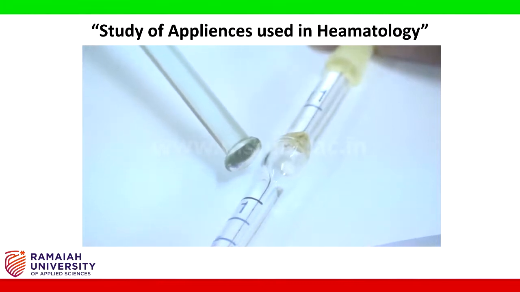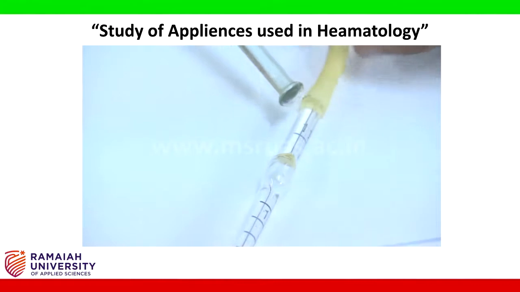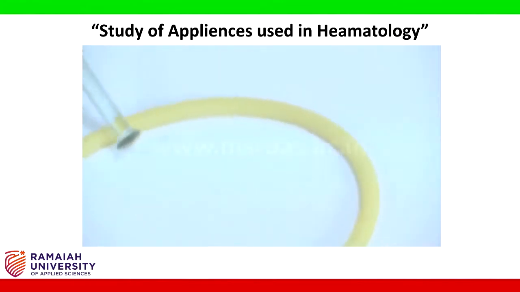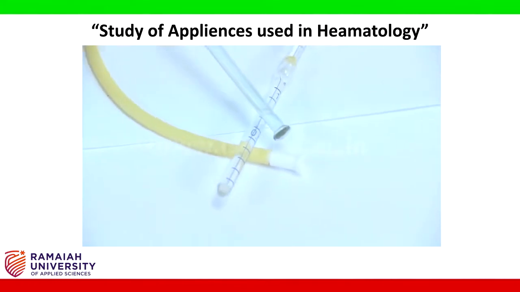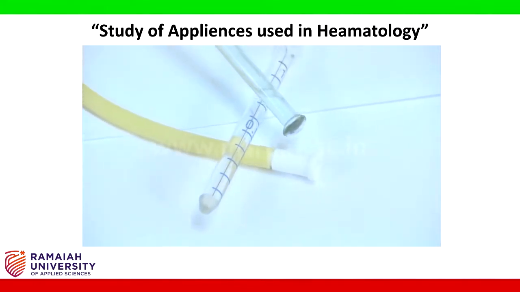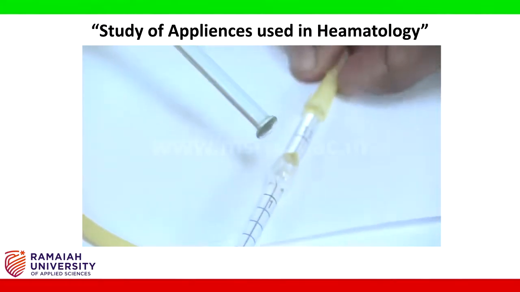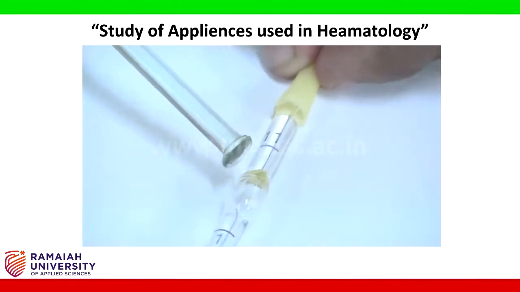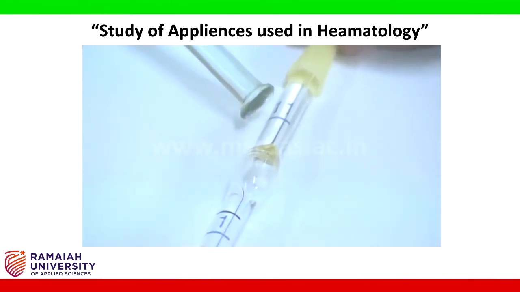Further, this bulb extends as a narrow stem to which the rubber tube is connected with the mouthpiece, and this mouthpiece is white in color in case of WBC pipette, and slightly above the bulb the marking 11 is etched in case of WBC pipette.